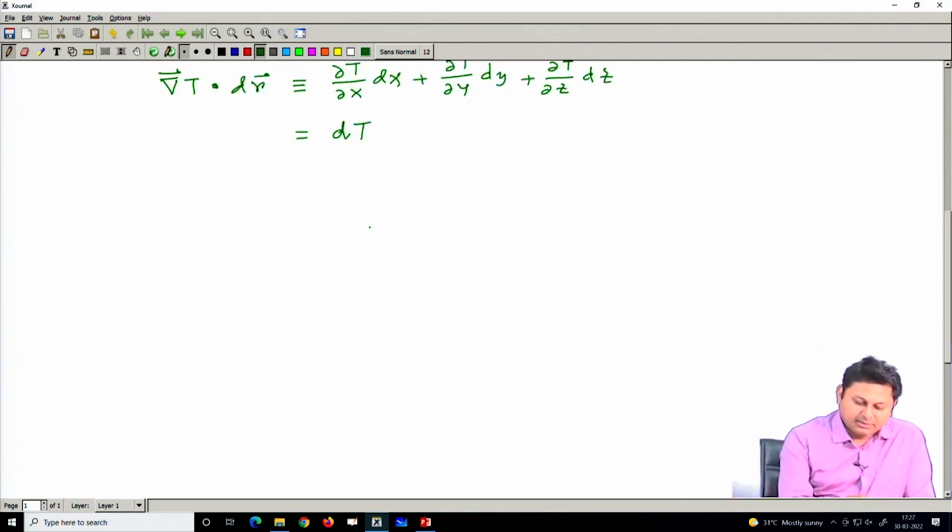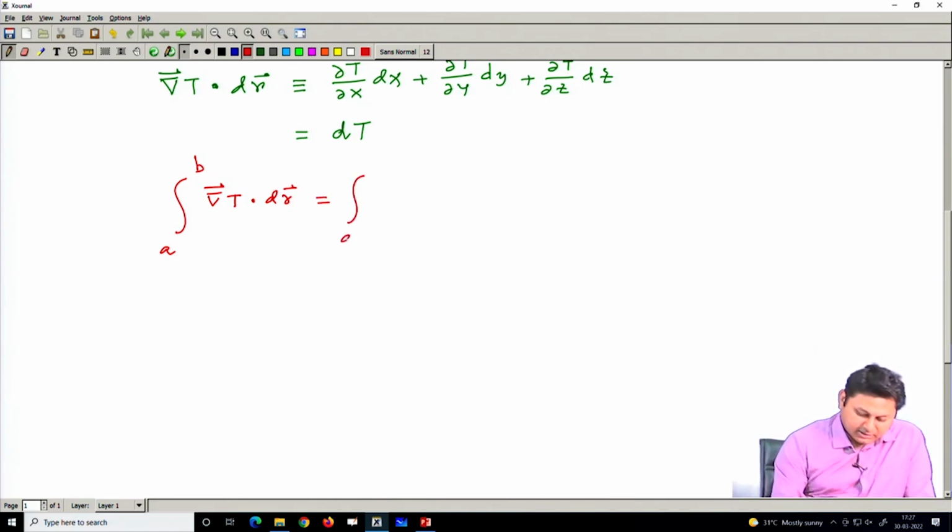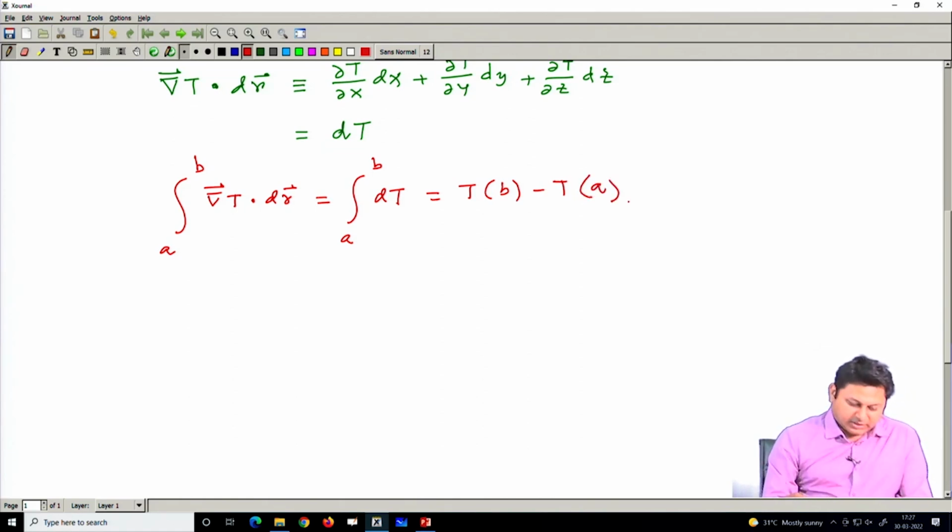If I write the gradient of T dot dr in this form, then if I want to do the integral, it essentially gives us a line integral of gradient of T dot dr. That eventually means I am making a line integral of dT, which gives me the simple result Tb minus Ta. So, that is path independent.